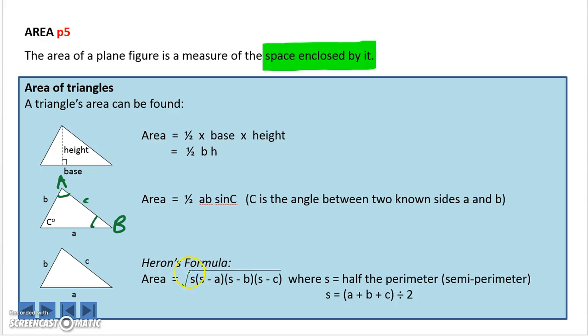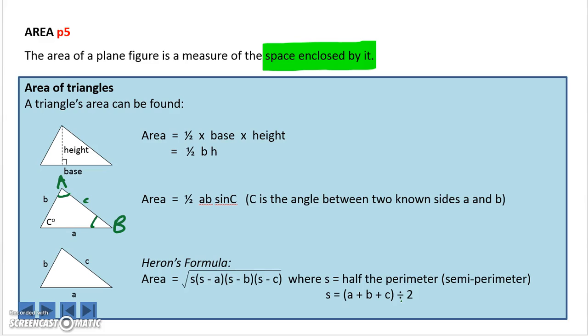Area equals the square root of S(S minus A)(S minus B)(S minus C), where S is what we call half the perimeter, or the semi-perimeter, and we get that just by adding up all the sides. A plus B plus C, and divided by 2. So we'll get to an example of that as well. So it looks more complicated than it actually is.